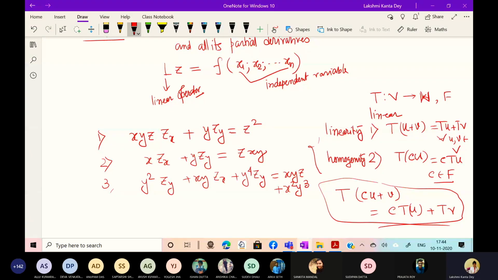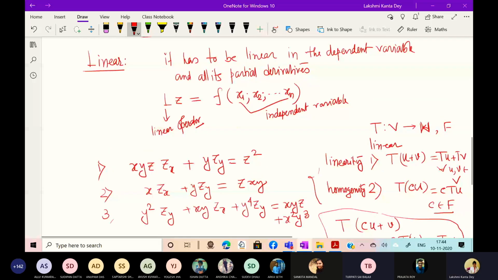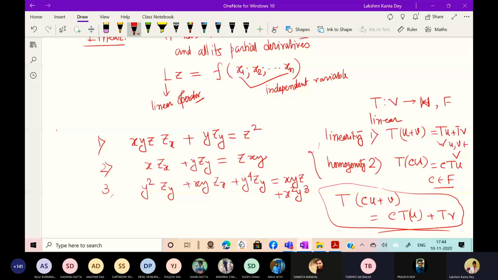Sir, the first one is linear, considering we can think of this like Lagrange's linear equation. What is the form of Lagrange's linear equation? P p plus Q q is equal to R, where P, Q and R are functions of x, y and z.